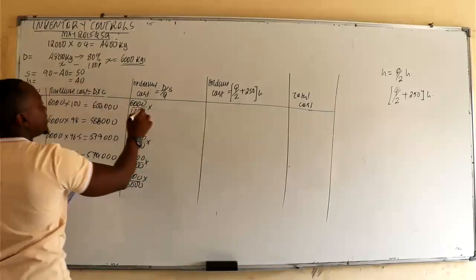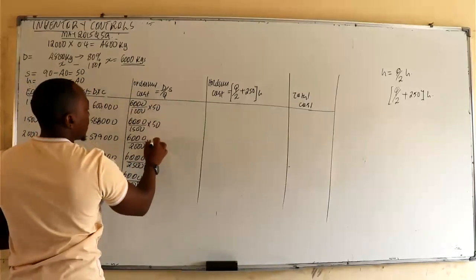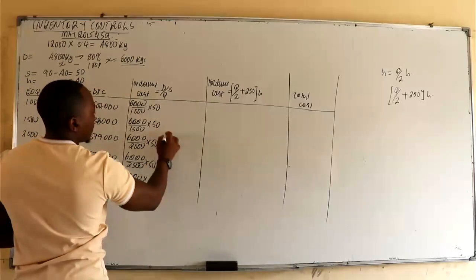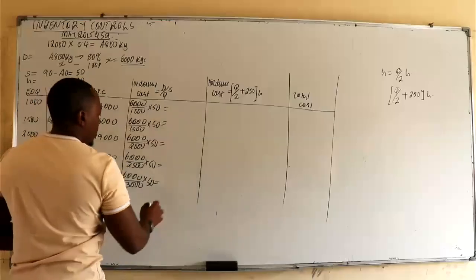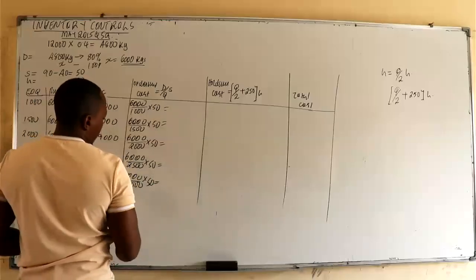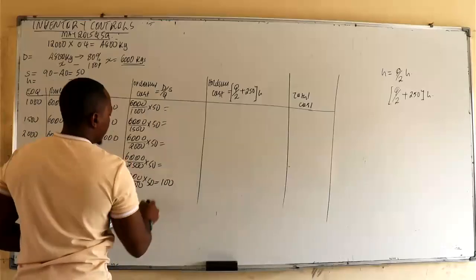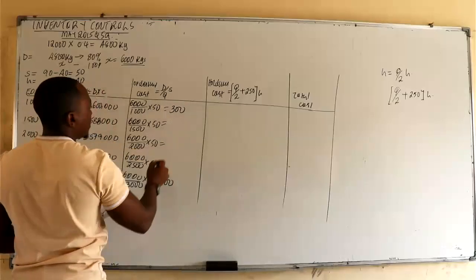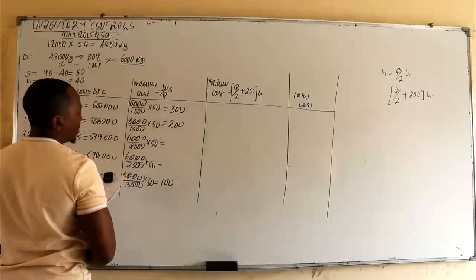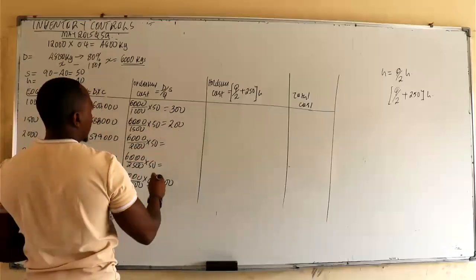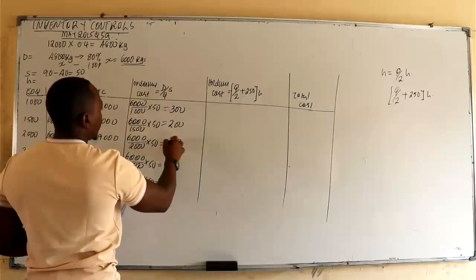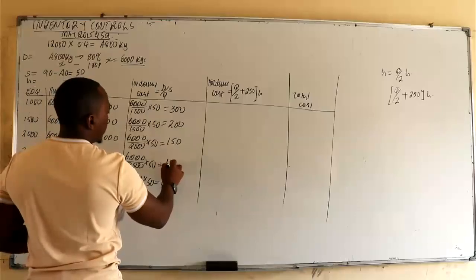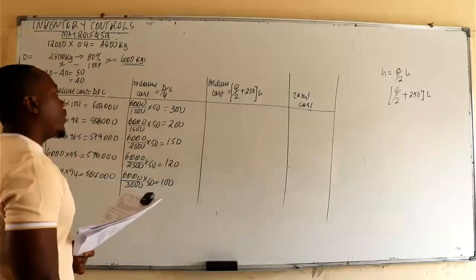Cost per order is 50 shillings. This is 300, this is 200, this one is 150, this one is 120. Then we add the holding cost.